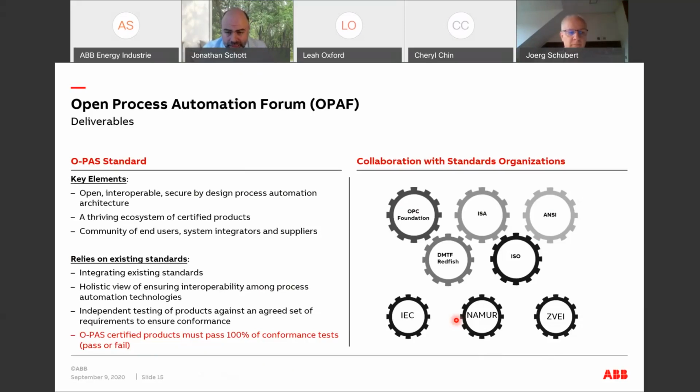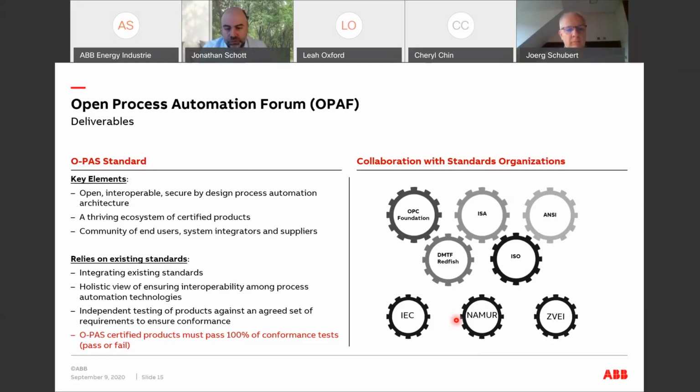Then secondly, the ecosystem. As I said, it's not enough to just throw a standard out there on the market. You need a thriving ecosystem where everyone can exist and where all the traditional roles can continue to exist, but it also maybe opens doors for additional roles and additional possibilities. And it needs to be a community, because if a standard is born out of just a few people, it normally doesn't fly. Very important, the OPAF does not try to write a totally new book on automation.